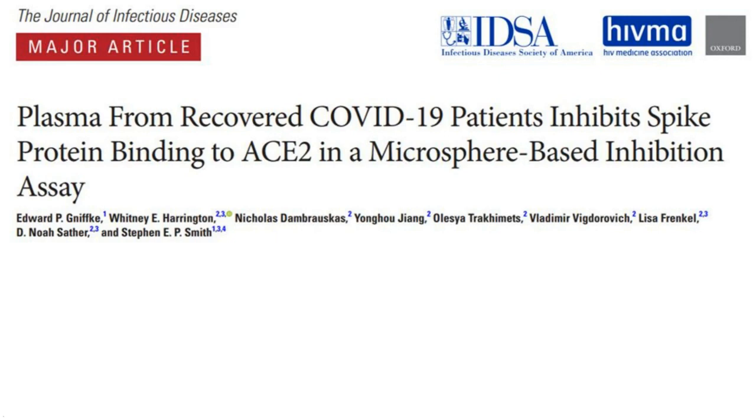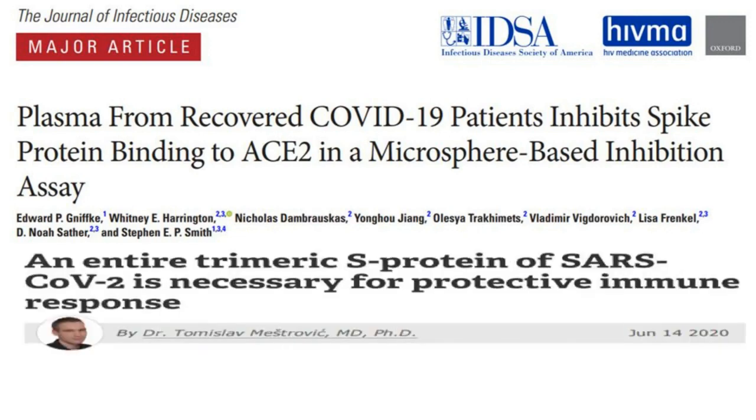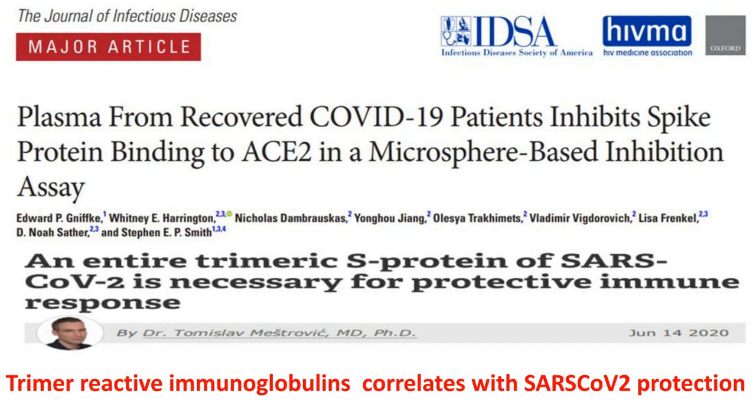And it was seen that full protection was better mirrored if you look at the trimeric protein. Trimeric reactive immunoglobulins correlated better with SARS-2 COVID protection.